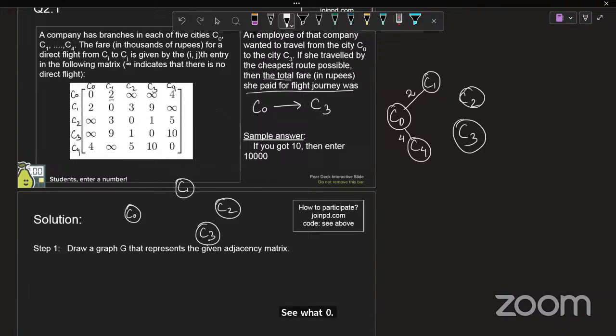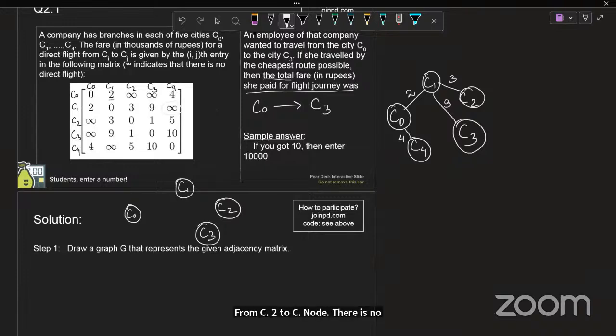C1 to C2, there is an edge that is 3. C1 to C3, there is an edge that is 9. C1 to C4, there is no edge. Infinity means no edge. From C2 to C0, there is no edge.